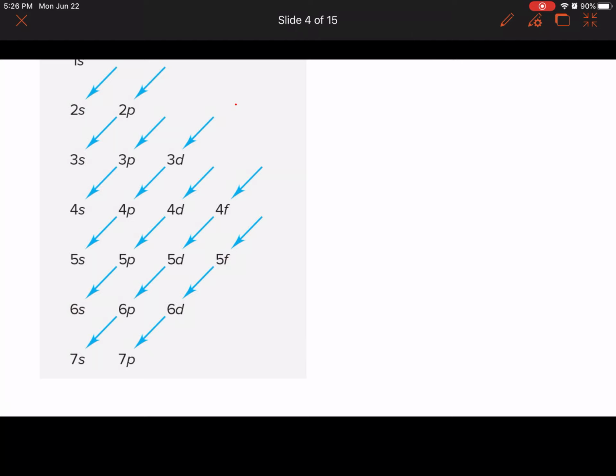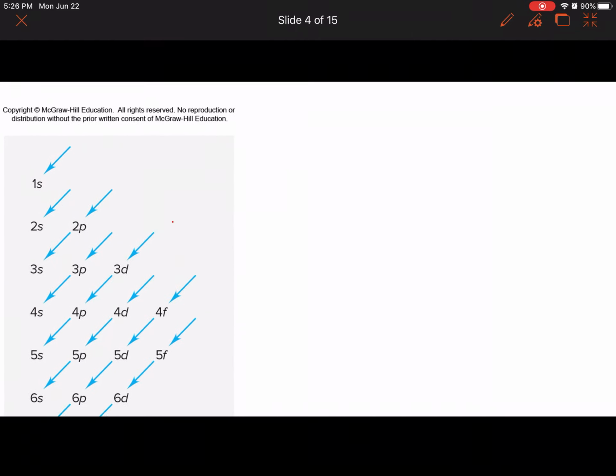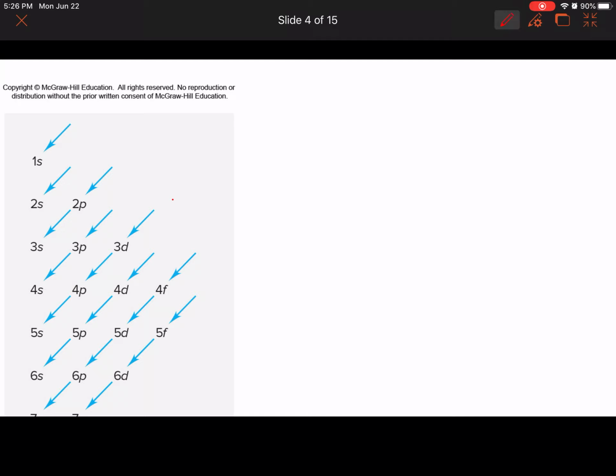Okay, and one more thing that you need to remember when you are filling up is how many electrons each orbital can hold maximum. S can hold maximum 2 electrons. P can hold maximum 6 electrons because there are 3 possible p subshells. And there are d subshells, 5 of them. 5 times 2, 10 electrons can be held by d orbitals.